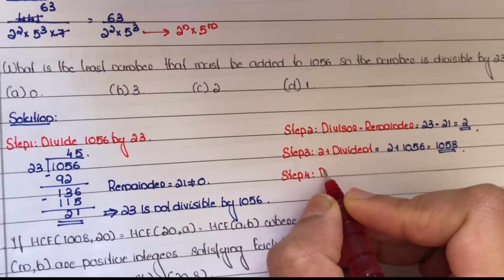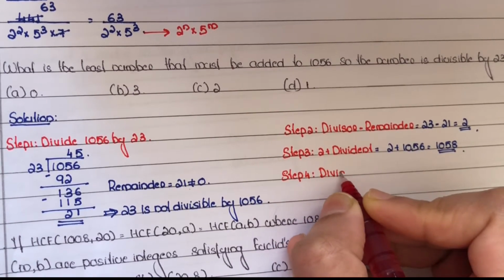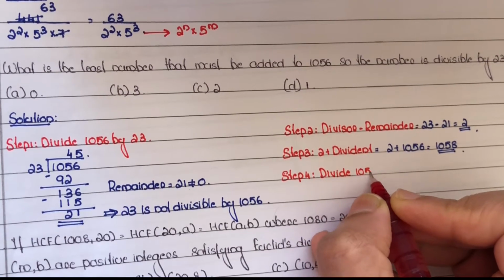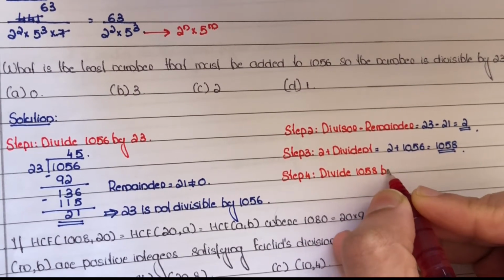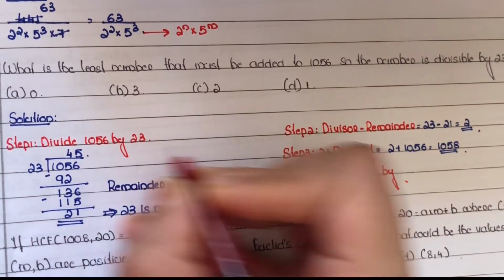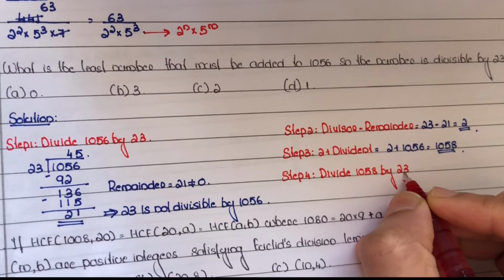Step 4, divide 1058 by 23. Okay, the question is to divide by 23, right? By 23.